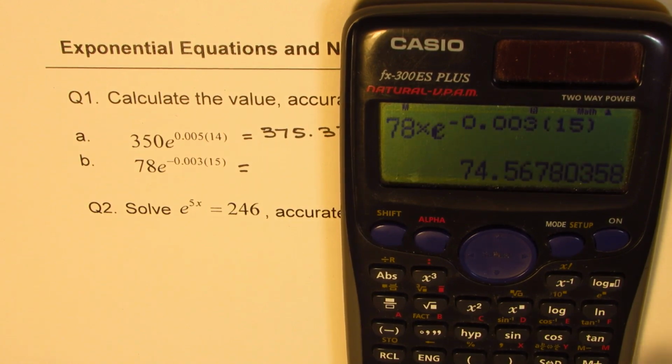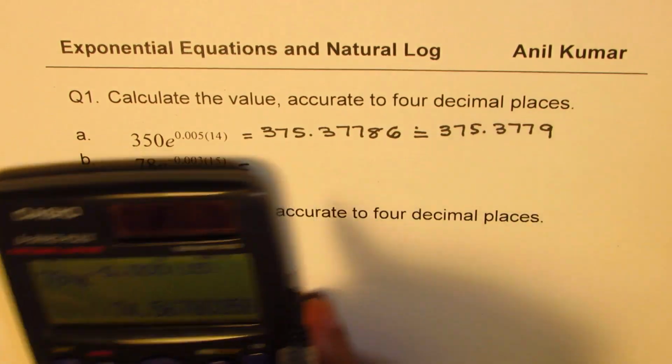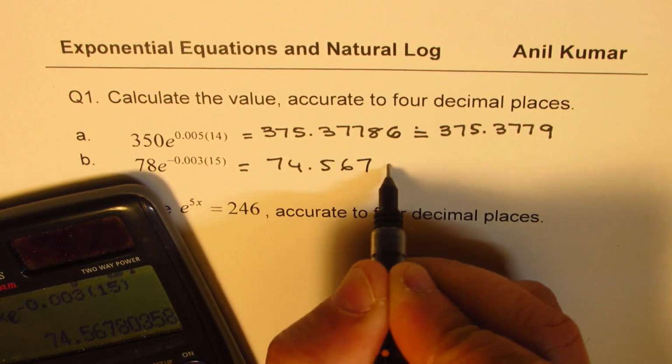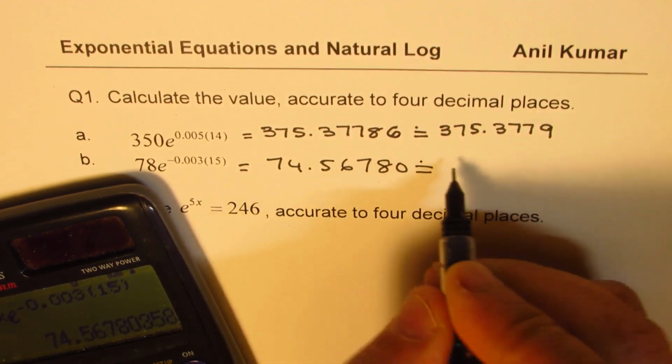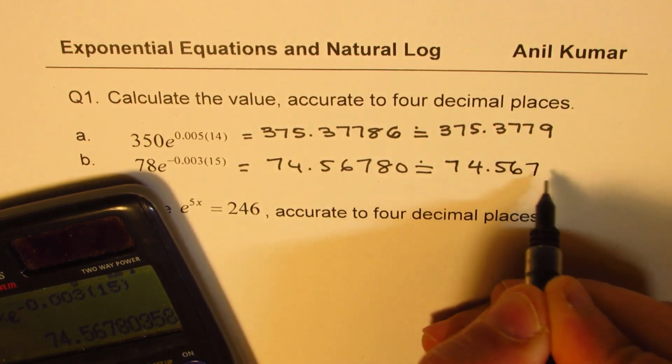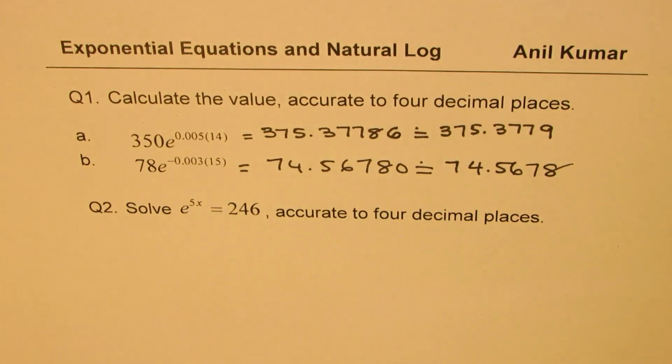So we get 74.56780. I'm rounding to 4 decimal places: 74.5678. So that becomes our result for the given expression. I hope that part is clear.